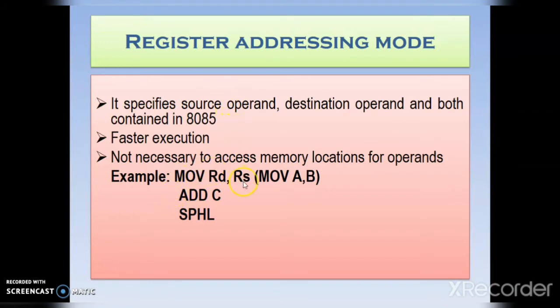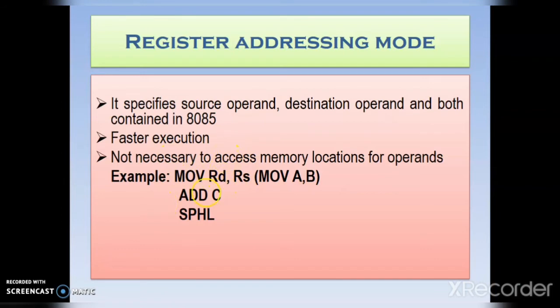See the example for this register addressing mode. MOV Rd, Rs. MOV represents move. Move means it transfers the data from source to destination, or copies the data from source to destination, or loads the data from source to destination. That is the function of the move instruction. MOV is a short form of the move instruction.